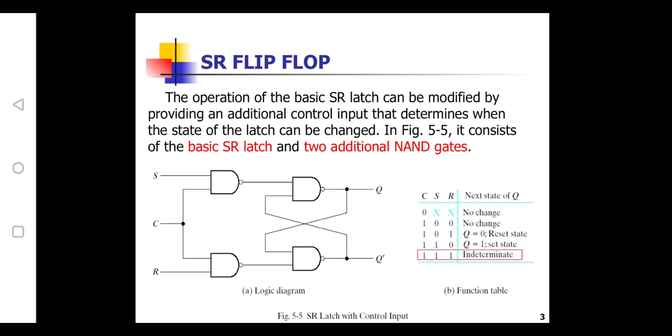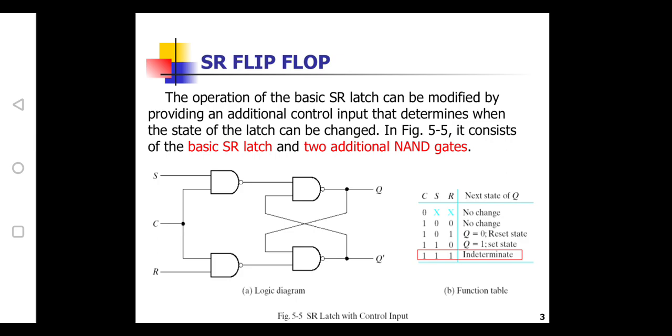Similarly, let us take the second condition, when S is equivalent to 0 and R is equivalent to 1. If S is 0 and clock is 1, the output of the first NAND gate will be 1. Let us assume Q is 0, so Q bar will be 1. With S as 1 and Q bar as 1, the output Q is 0.